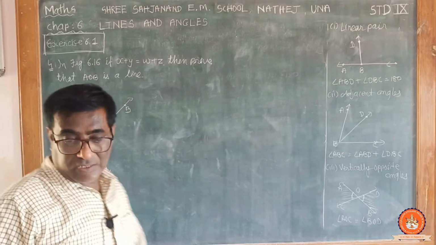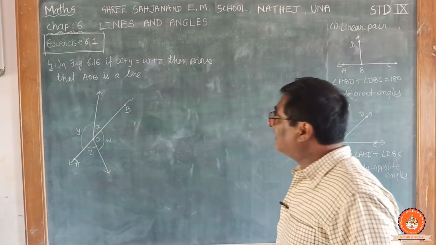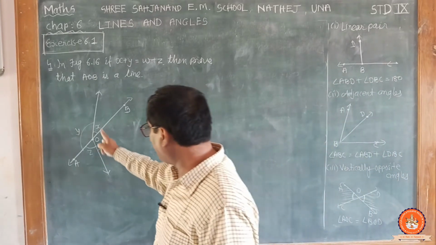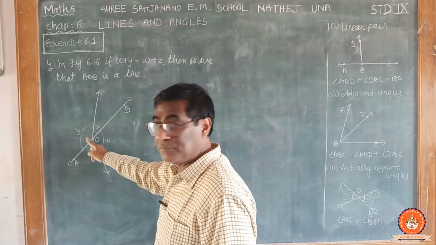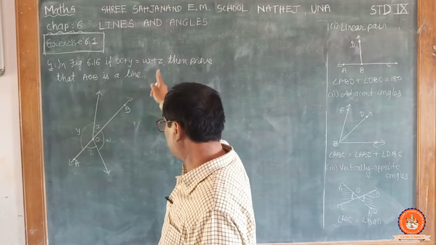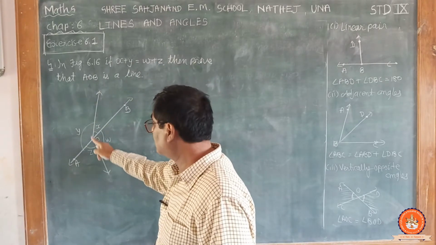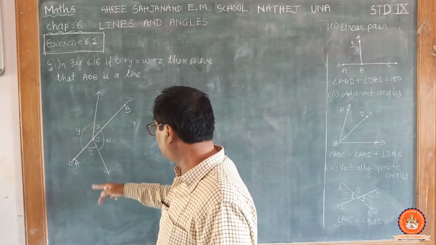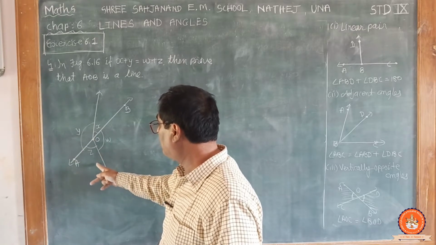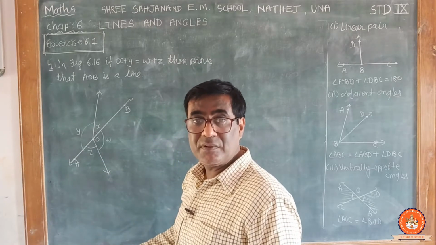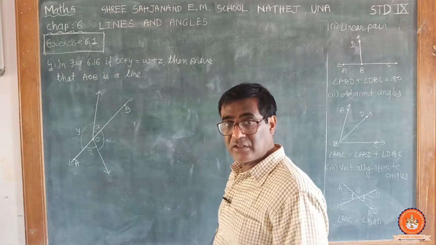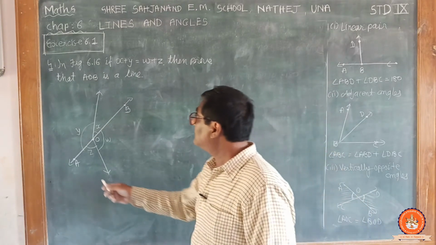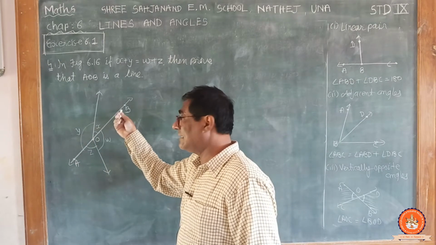Now in question number 4, in this figure 6.16, if x plus y, look at it, x plus y, the measure of these two angles is equal to w plus z. So x plus y, the sum of the measures of two angles, is equal to w plus z, another pair of angles. Okay, and we need to prove that AOB is a line.